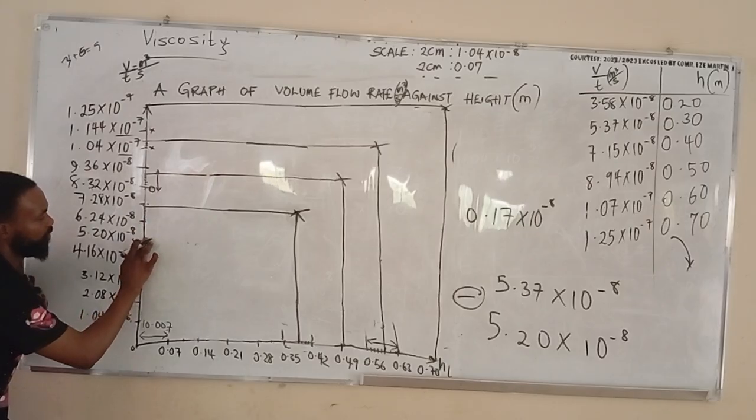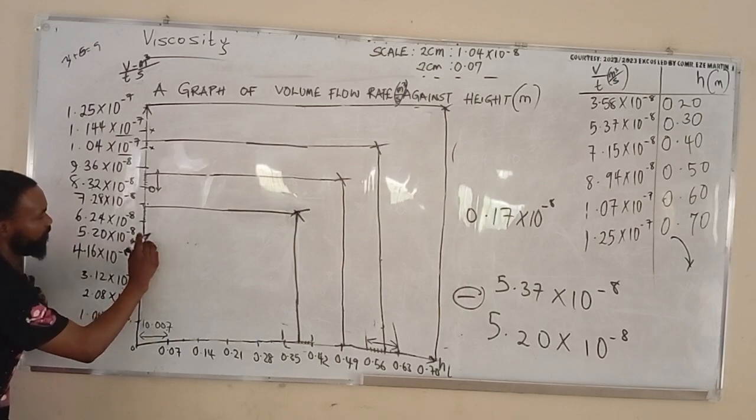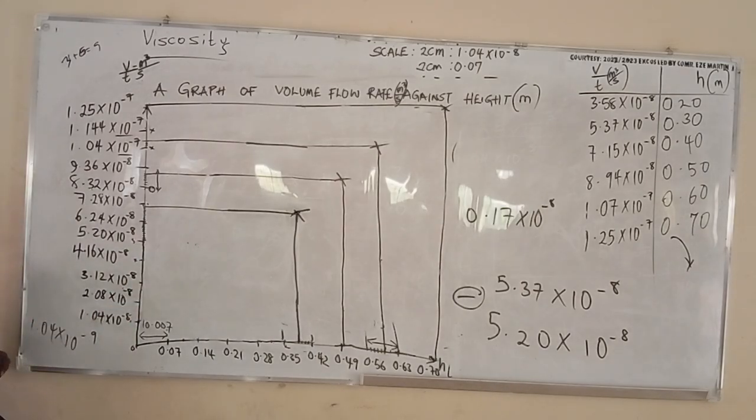Let me count again. Hope you know that each line here is existing. But do for me 6.24 times 10 raised to minus 8 minus 16.